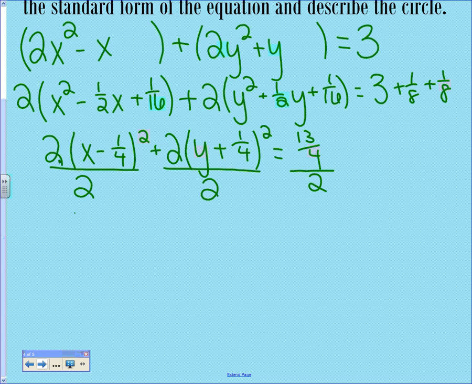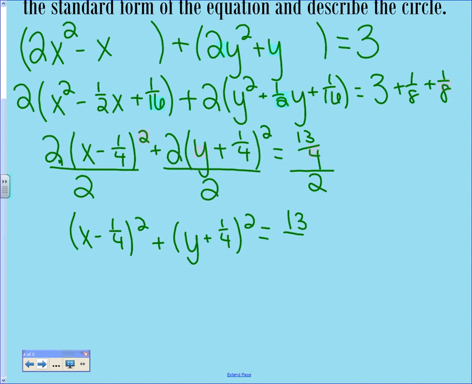So your standard form would be x minus 1/4 squared plus y plus 1/4 squared equals 13 over 8. Oh, yeah, I went the wrong direction. Yeah, now that's right. So that's your standard form.